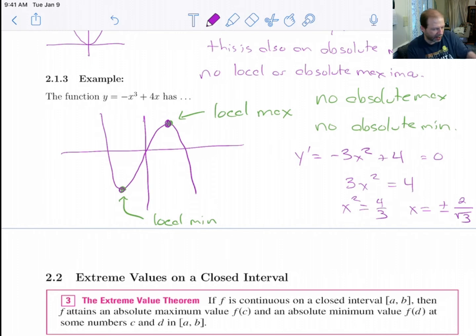This is exact. But if I take my calculator and put in 2 divided by square root of 3, I get 1.1547.